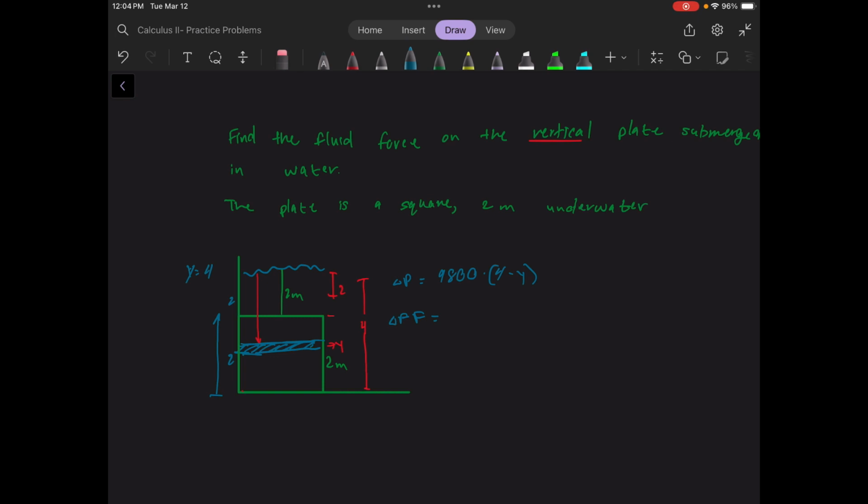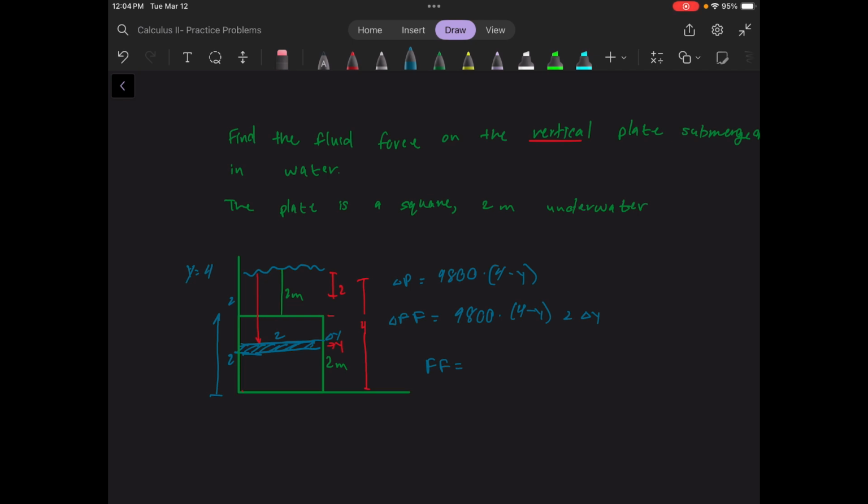So it's going to be the pressure, which is this, times the area of one slice. And you can see all these slices have the same area, just a width of delta y and a length of 2. So it's going to be 2 delta y. Finally, we're going to integrate to find the fluid force.